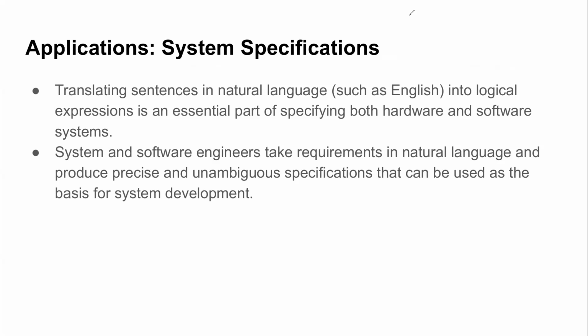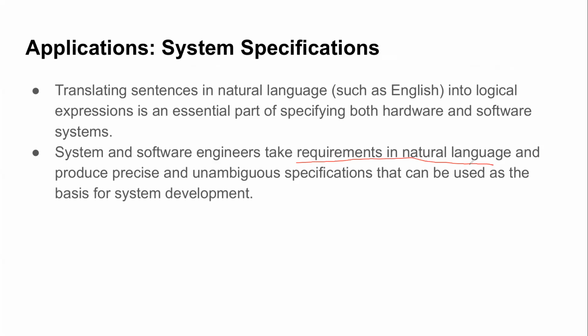So in general, most system or software engineers, when they take requirements, cannot ask the person for whom they want to build software, give us your system requirement in form of logic, right? They will always ask in spoken language, like what is your base requirement. But we know in general that natural language is not precise, it's ambiguous.